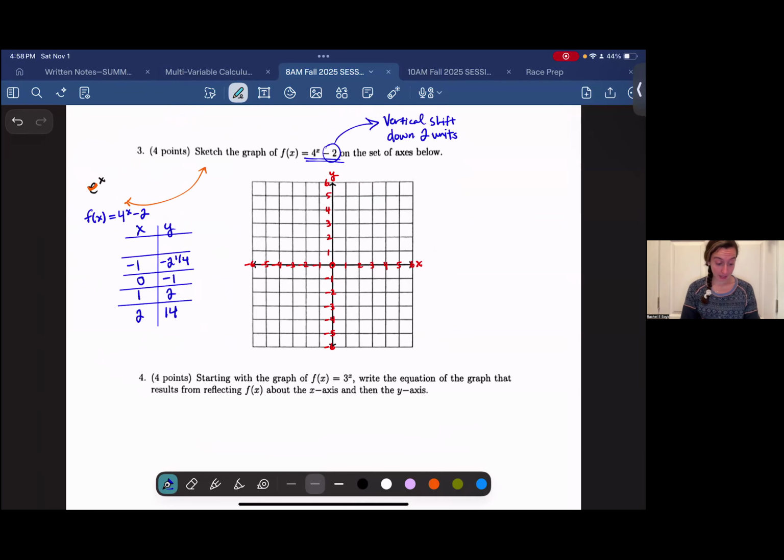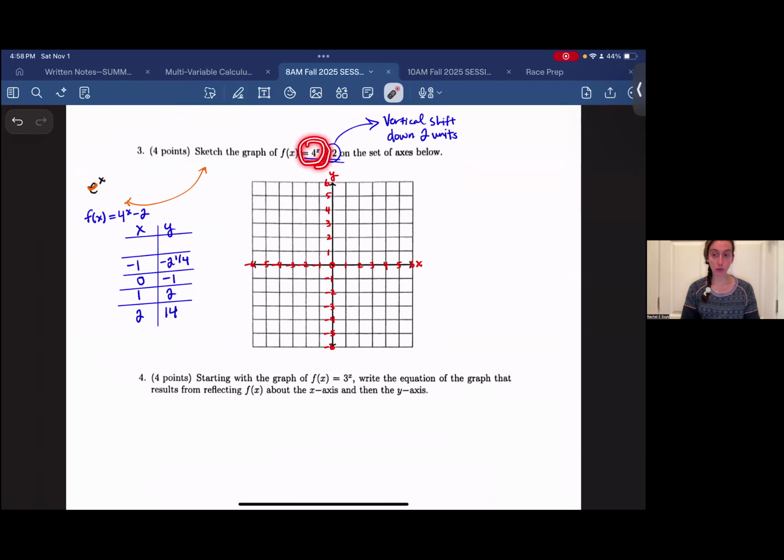4 to the x that has no vertical shift has that y-intercept at 0, 1, and the horizontal asymptote is at y is equal to 0.